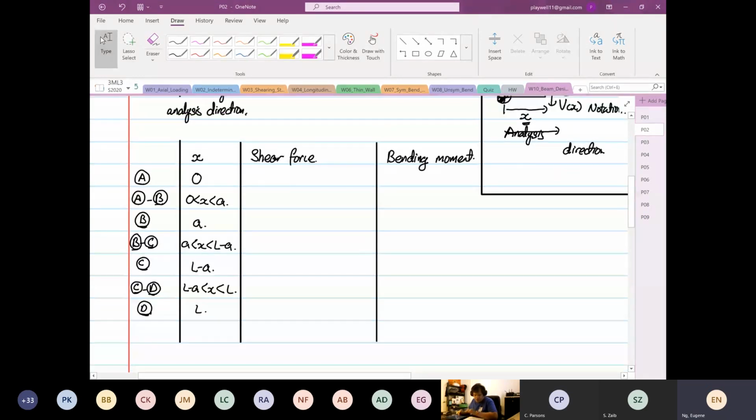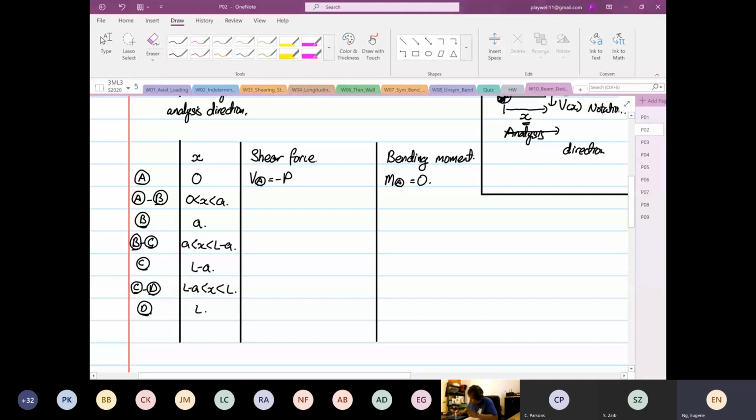So the shear force at point A is equal to minus P. This is shear force V at point A, equal to minus P. Moment at point A, this is equal to what? 0.